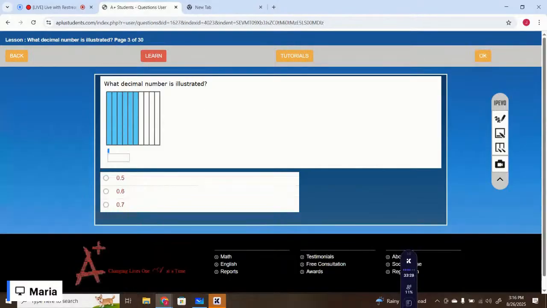What decimal is illustrated? That is 0.6.